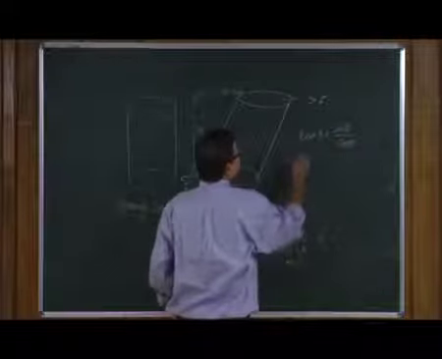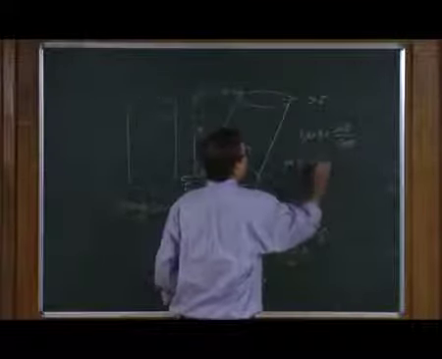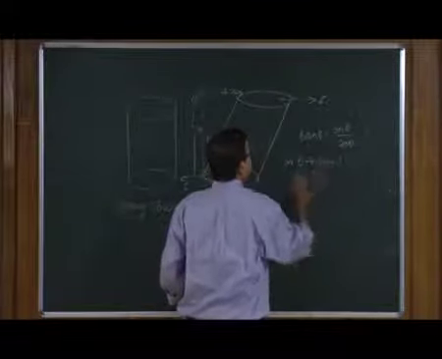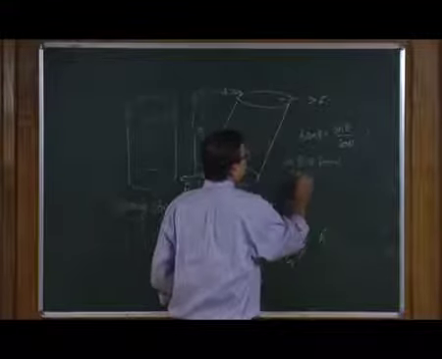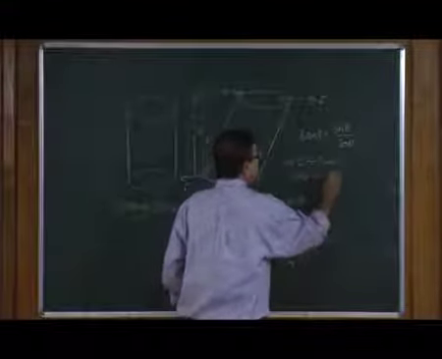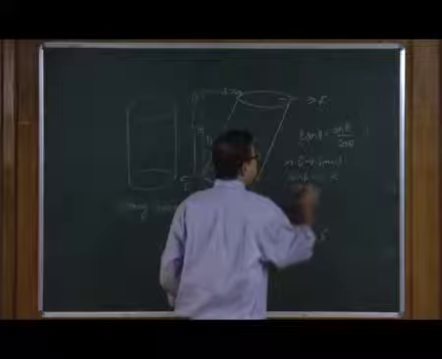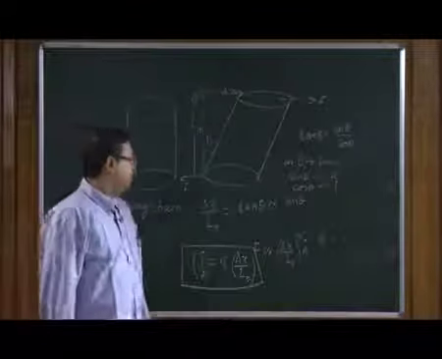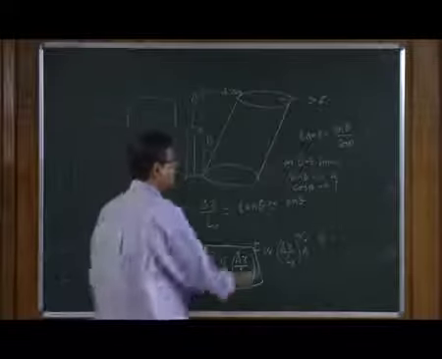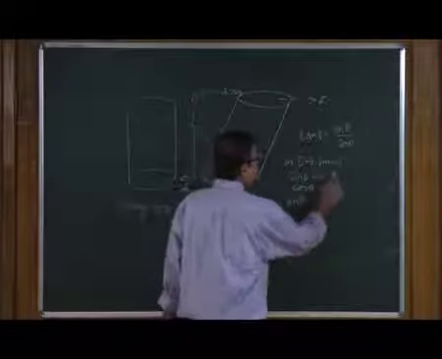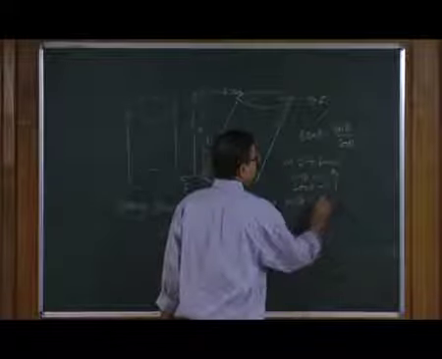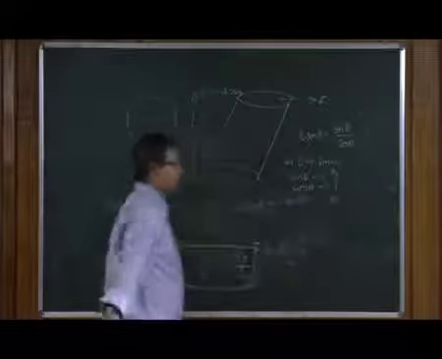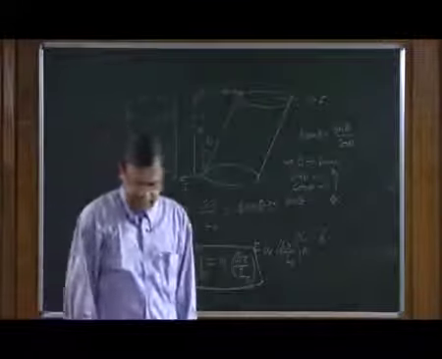So, as theta is small, sin theta will increase linearly as theta, whereas cosine theta will become equal to 1. So, tan theta becomes equal to sin theta, which becomes equal to, I am so sorry, this theta.